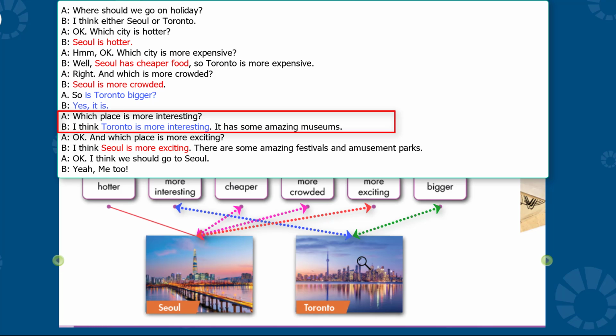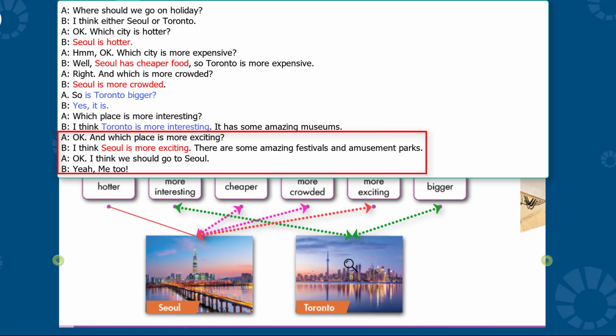Tôi nghĩ là Toronto thì thú vị hơn. It has some amazing museums, right? Nó có một số cái bảo tàng đẹp, right? So more interesting, we draw line more interesting to Toronto, right?